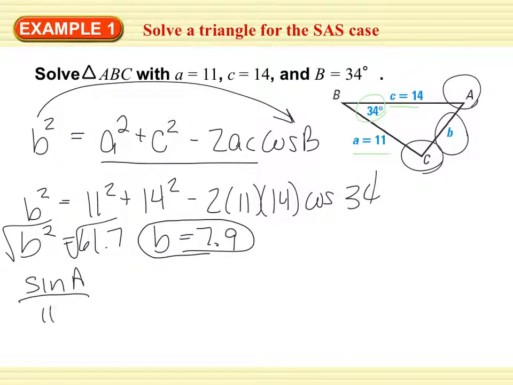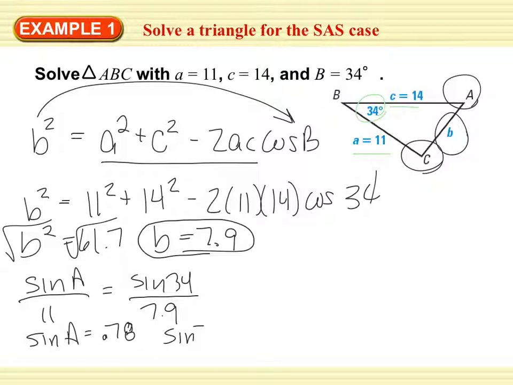Sine A over 11 equals sine 34 over 7.9. 11 times the sine of 34. Divide by 7.9. Sine A equals 0.78. So sine to the negative 1 of 0.78 equals 51.1 degrees.